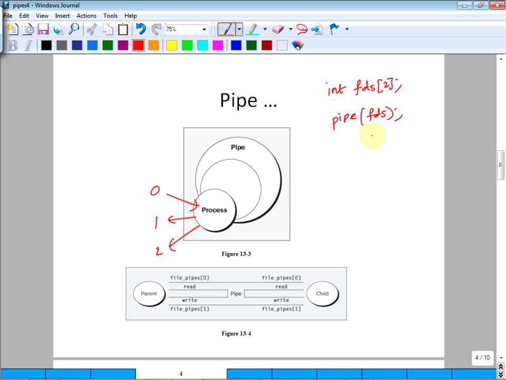Since we are passing in the address, it effectively returns back the next available numbers, which are 3 and 4. So what this means is you can write to the pipe using 4 and read from the pipe using index 3.